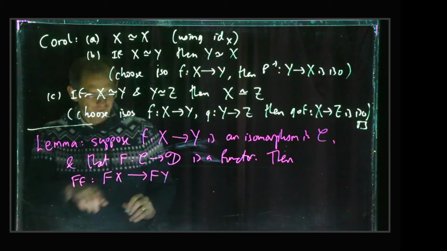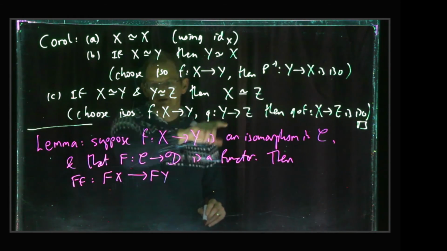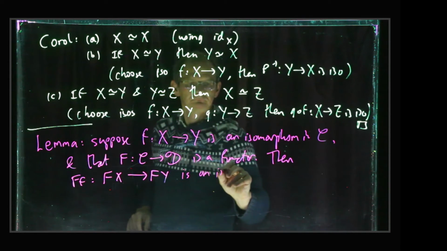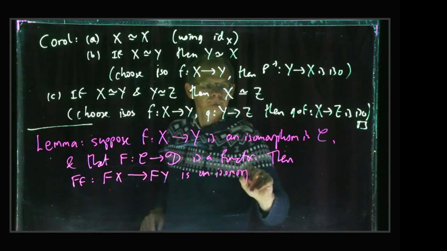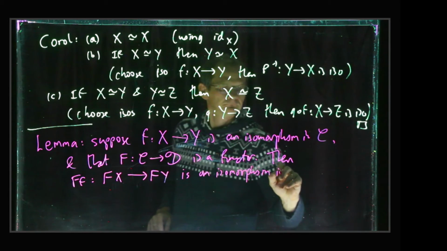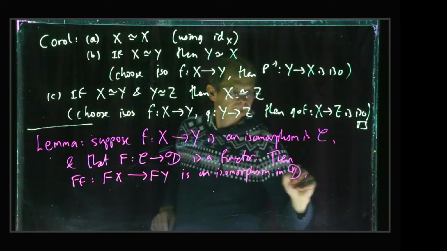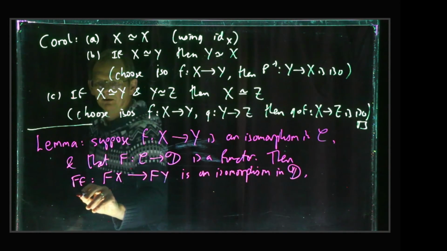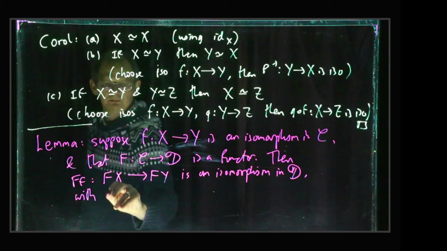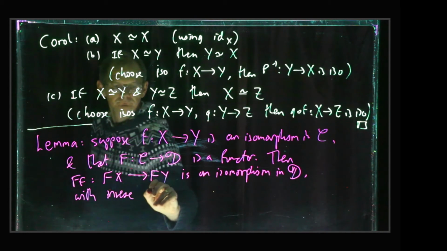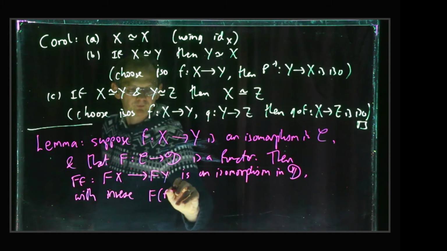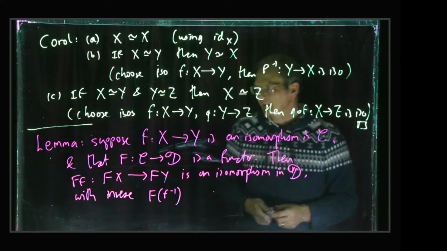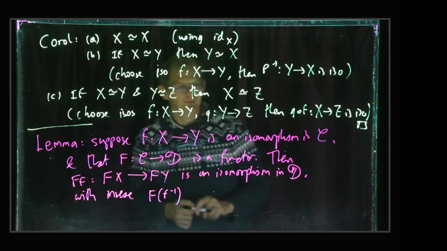We apply it to morphisms. We get a morphism Ff from FX to FY. Okay, so I want to claim that it's an isomorphism in D. So we're claiming that it's got an inverse, and how do we get the inverse? Well, we just apply capital F to the inverse of the original morphism, f inverse.